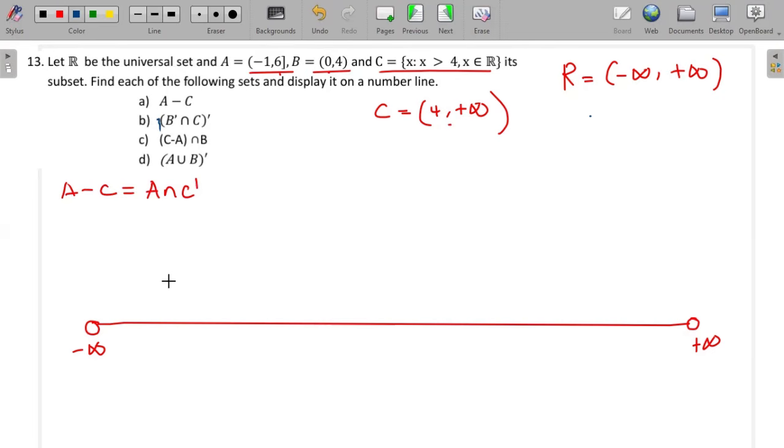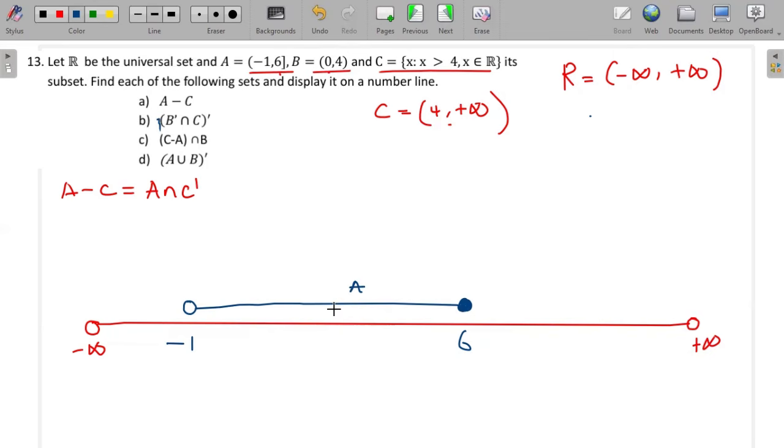So let's first plot A. A is from minus 1 to 6, with an open bracket on minus 1 and a closed one on 6. So this is my A.